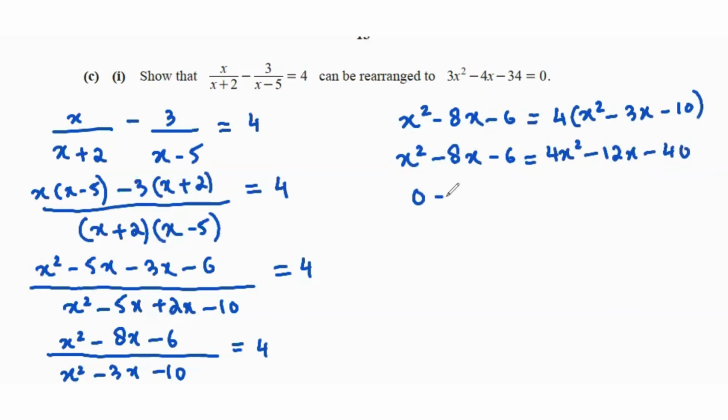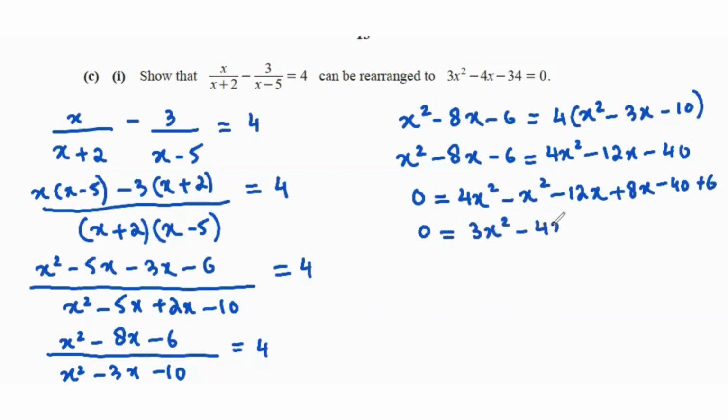Bring everything on one side, so that's going to be 4x squared minus x squared minus 12x plus 8x minus 40 plus 6. That's going to give us 3x squared minus 4x minus 34, which is exactly the same as the equation given in the question.